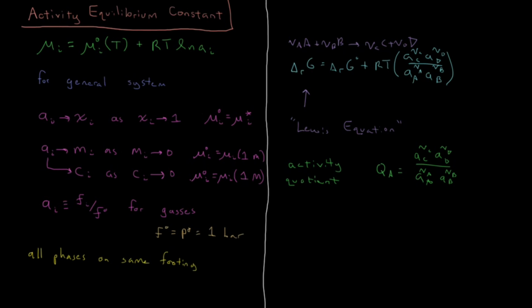So the Gibbs energy of reaction for the most general type of chemical system, replacing in this value up here, is Gibbs energy equals standard Gibbs energy plus RT log Q_a, the reaction or activity quotient for our given reaction.